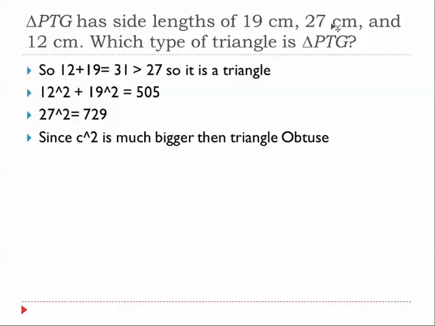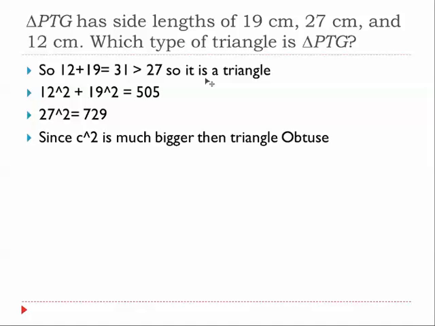But that Pythagorean theorem also told us that if there was an inequality in there, we could determine if it was an obtuse or an acute triangle. And so the first thing I did was I said 12 plus 19 is equal to 31. 31 is more than 27. So by the triangle hinge theorem we studied last unit, we know it is a triangle.